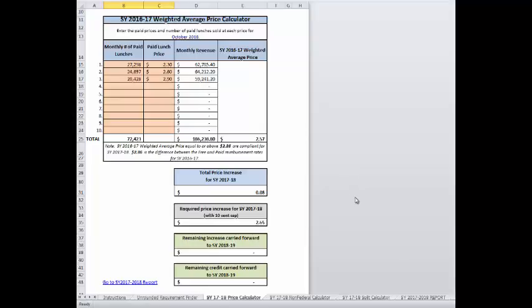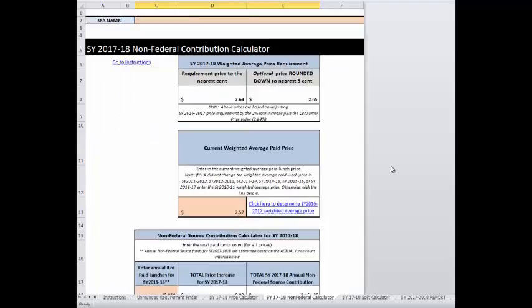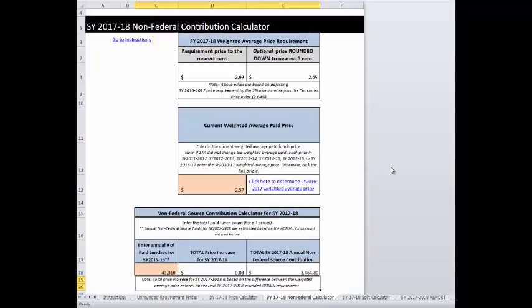That means we're going to move on to the next tab titled SY 17-18 Non-Federal Calculator. On this tab, we can see the sponsor's weighted average price requirement, the optional price requirement rounded down to the nearest 5 cents, and the sponsor's current weighted average paid lunch price.